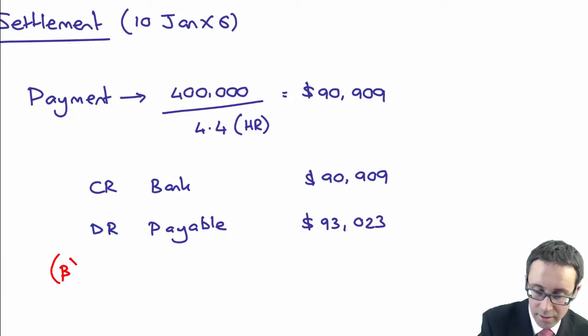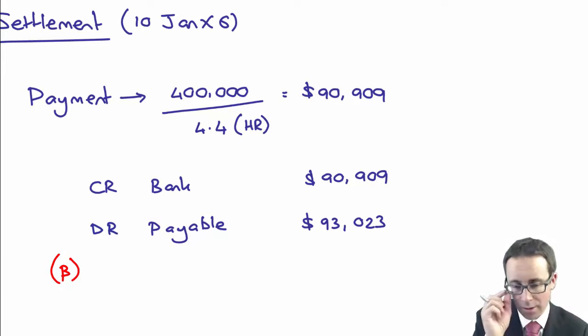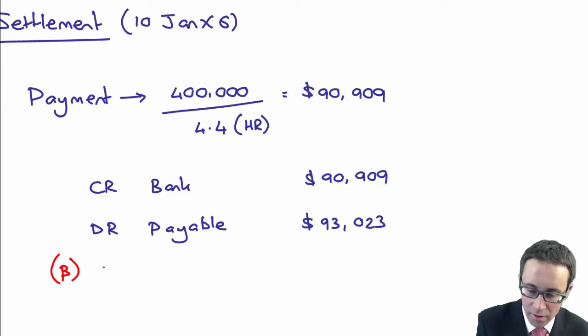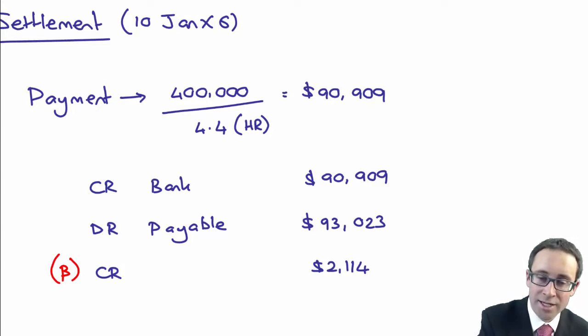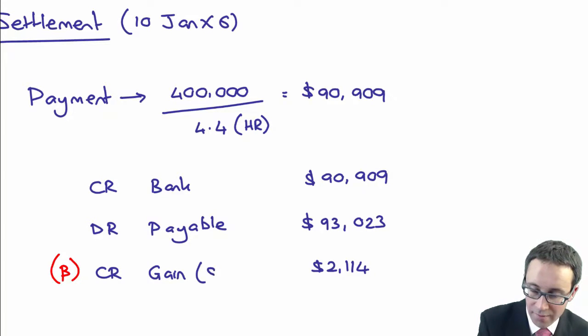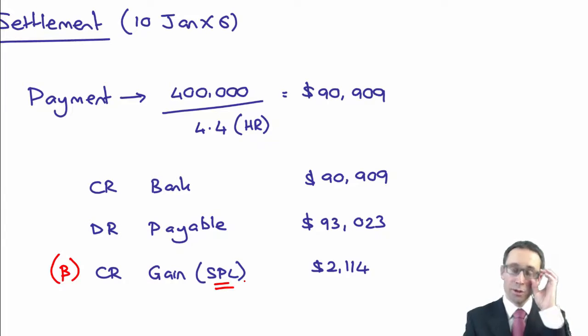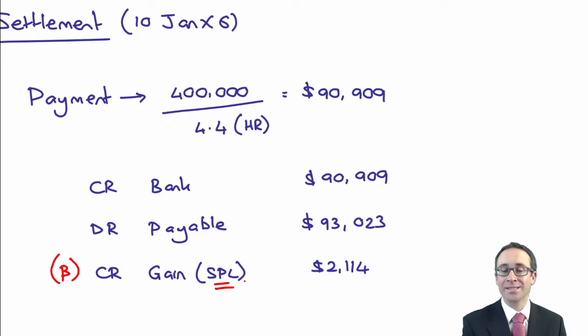Or at least I hope you can. If you can't, we're in trouble. And what you've got there, the balancing figure is a credit. That credit balance is 2114. That is an exchange gain in profit or loss, isn't it? So you have a gain on the statement of profit or loss. And the reason why it's a gain is because the exchange rates must have moved in our favour, i.e., the payable is reduced and we have therefore paid less.